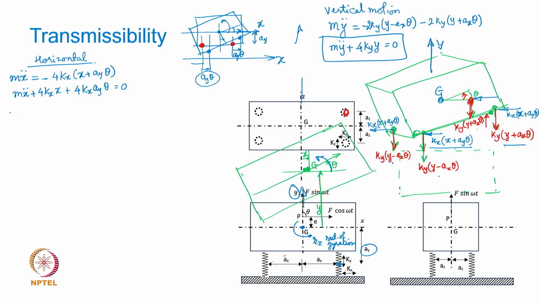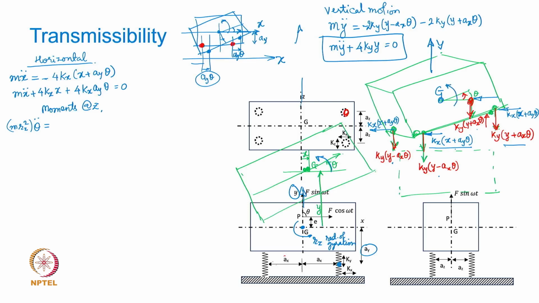So then, if you now look at the moments and apply Newton's second law, m rz square, that is I theta double dot equals, now look at the moments.